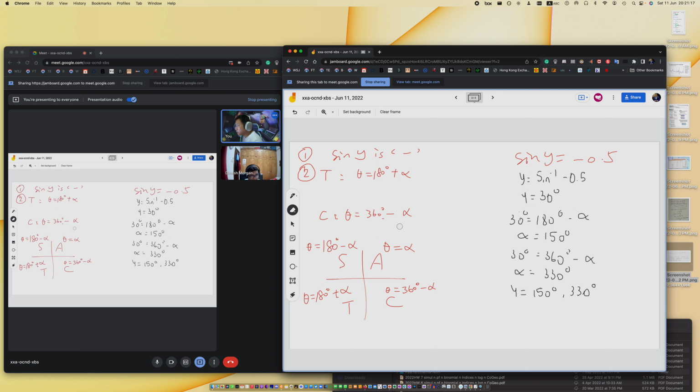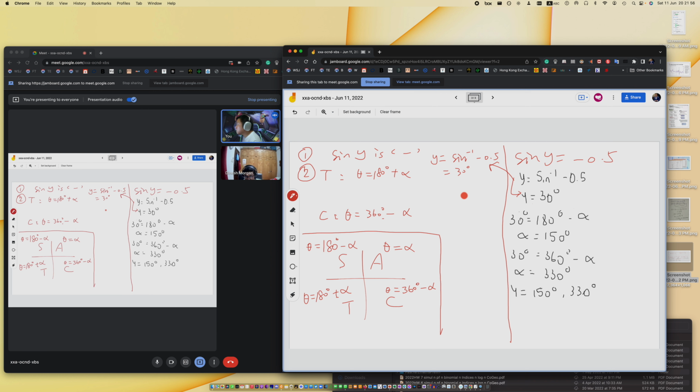Because this is blocking me, never mind. Now I will do sine. So y is equal to sine inverse of negative 0.5, and your calculator gives you 30 degrees, right?